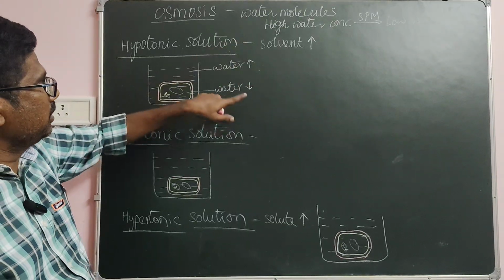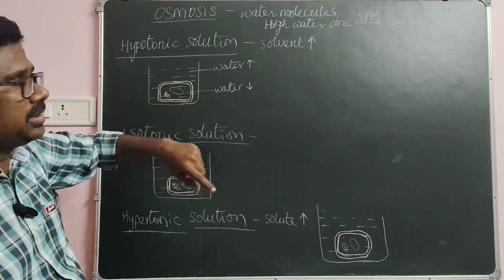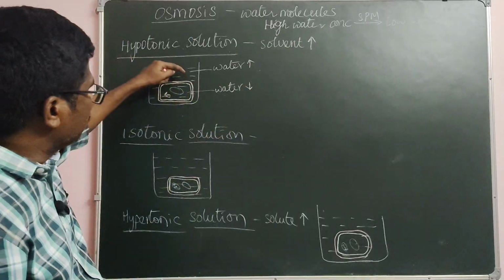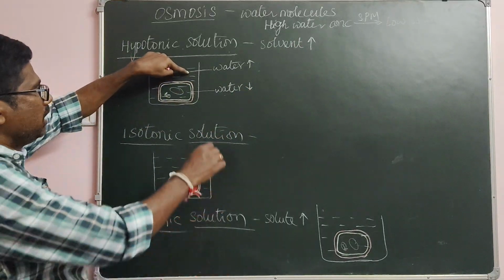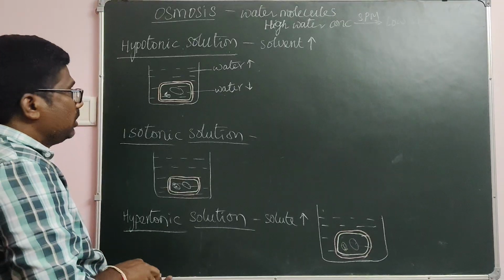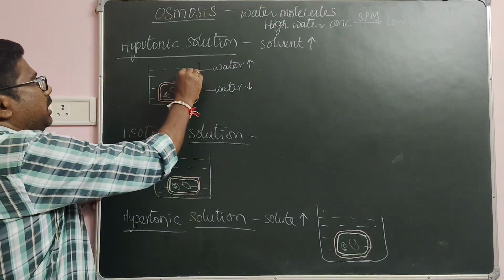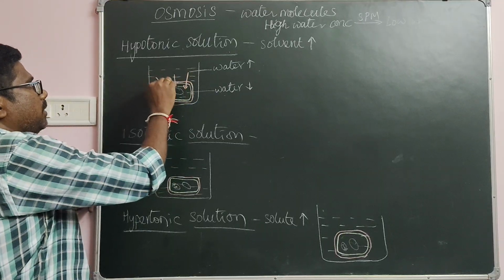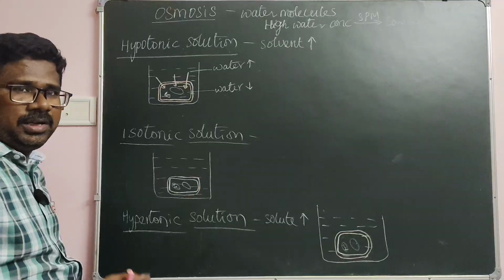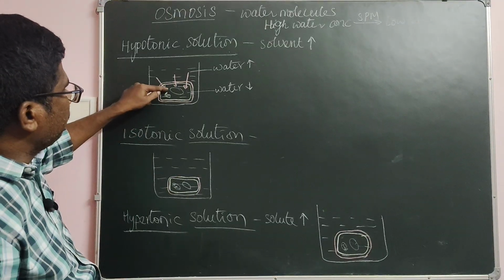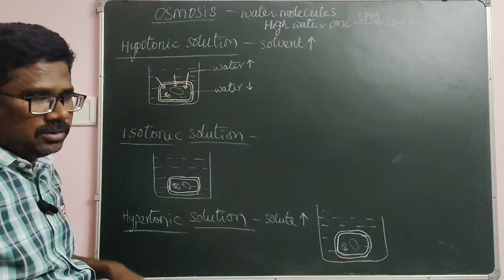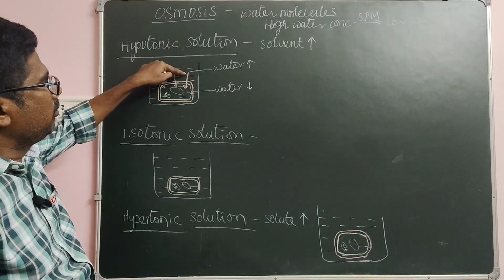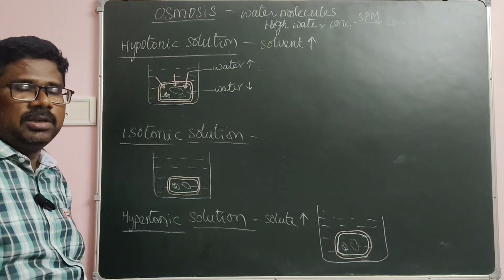According to the definition, the movement of molecules takes place from high water concentration to low water concentration, from outside to inside. A little bit of water from inside the cell will pass outside also, but overall more water from outside will pass into the cell.